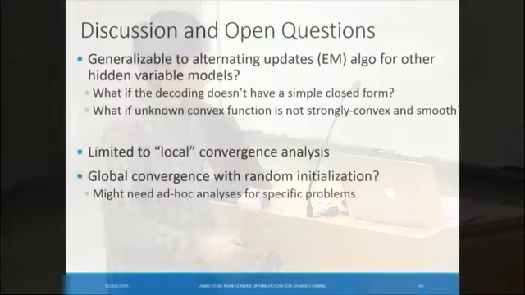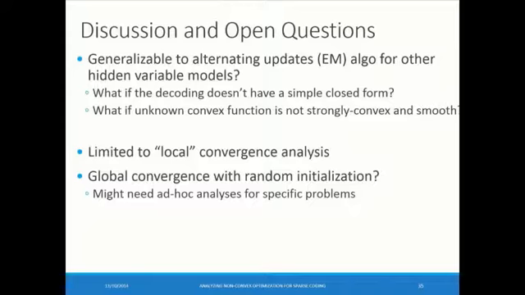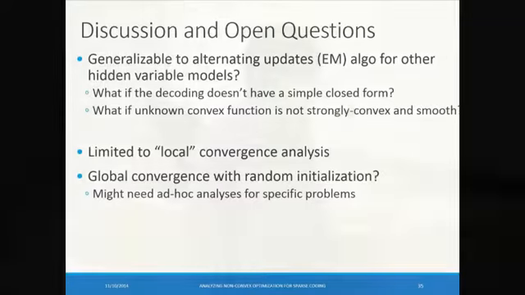Another limitation is that this is limited to local convergence. It doesn't really need a small basin of attraction, but our framework can only apply to the regime where geometric decay of error really happens.